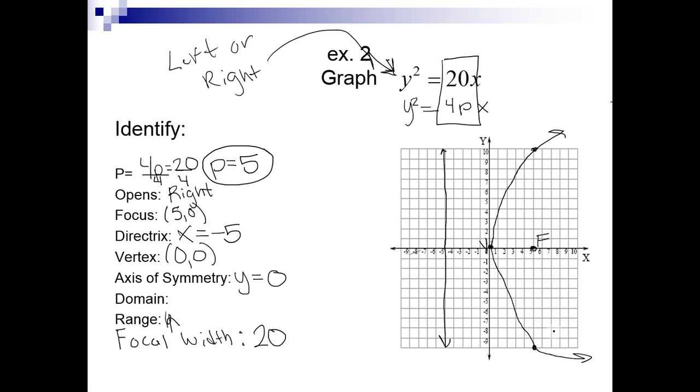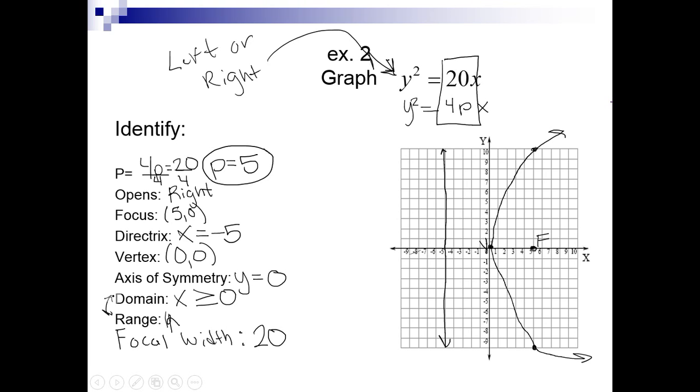Now, the domain, my x's. What x's am I getting? Am I getting the negative x's with my parabola or the positive x's with my parabola? I'm getting my positive values with my x. So I know my x must be greater than or equal to 0.